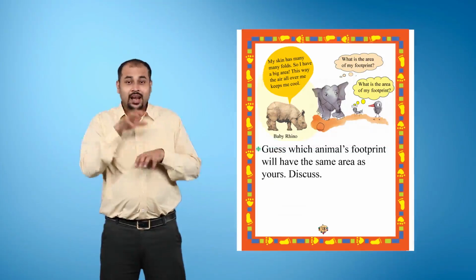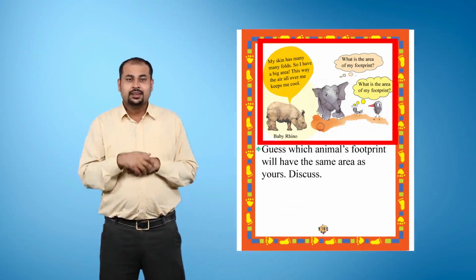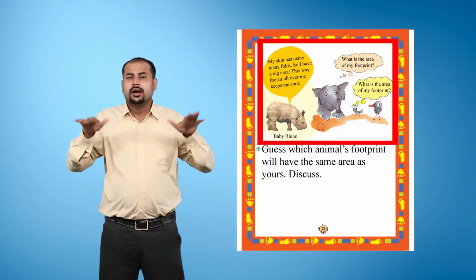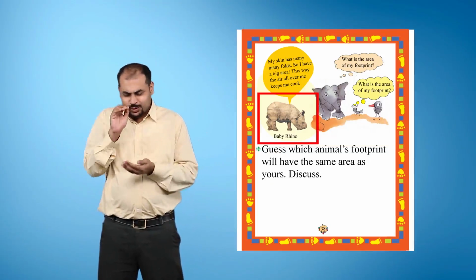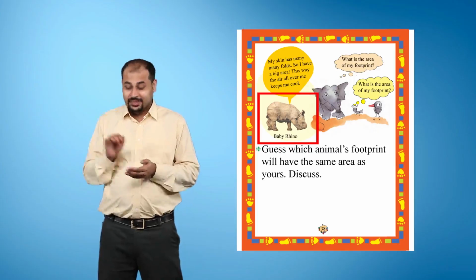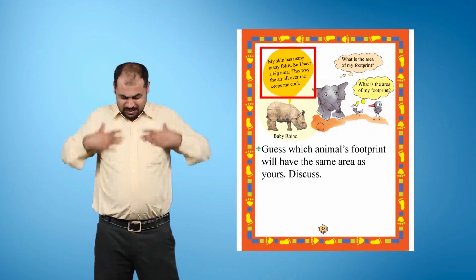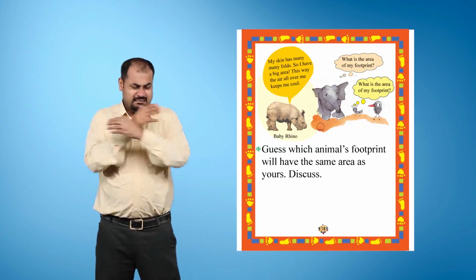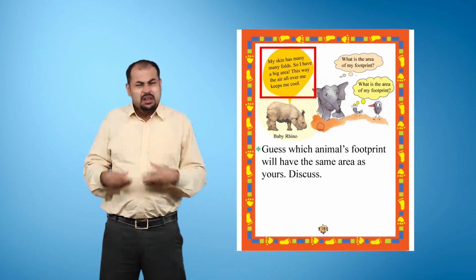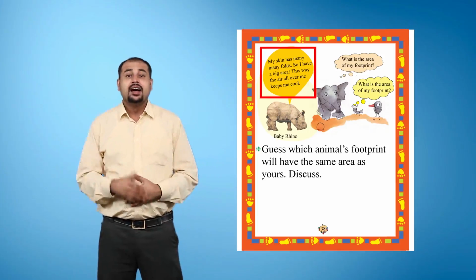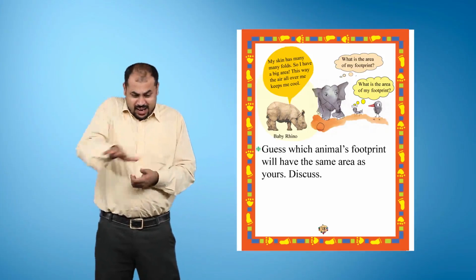We have the picture of some animals and birds on top of the page. A baby rhino tells us, "My skin has many folds. So I have a big area.